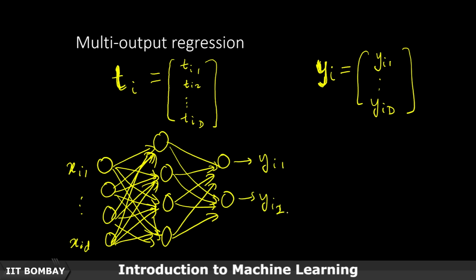Now the loss function that we can use for this is based on the L2 norm of the difference between Ti and Yi.